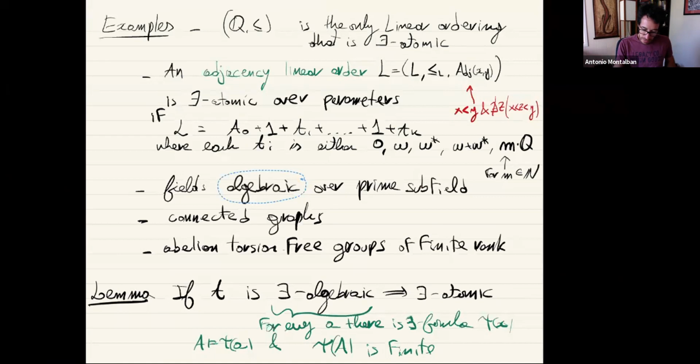Okay, so let me continue with existentially atomic formulas, and how they relate to this computability notion of computable categoricity.